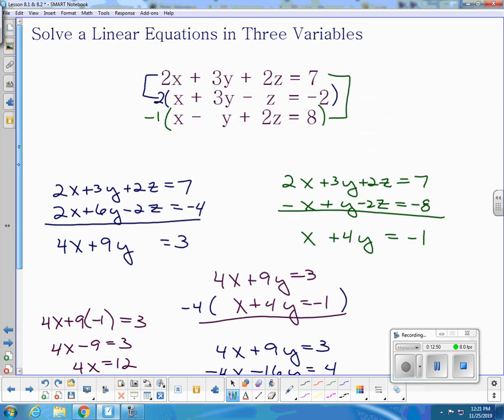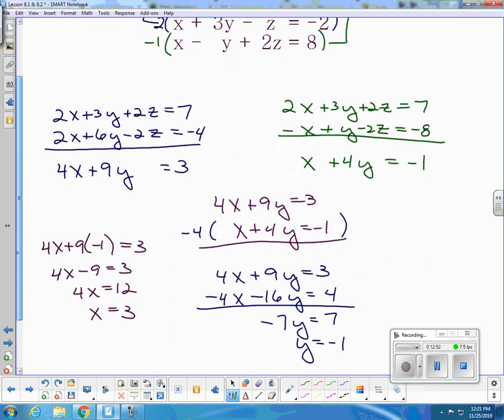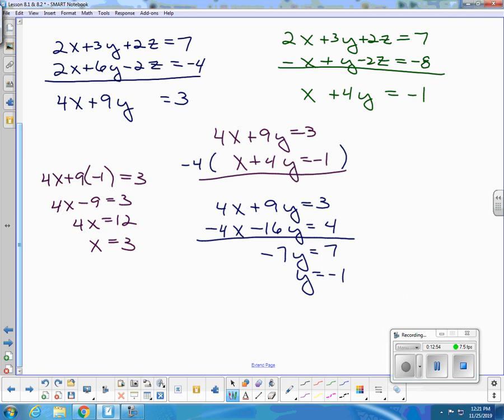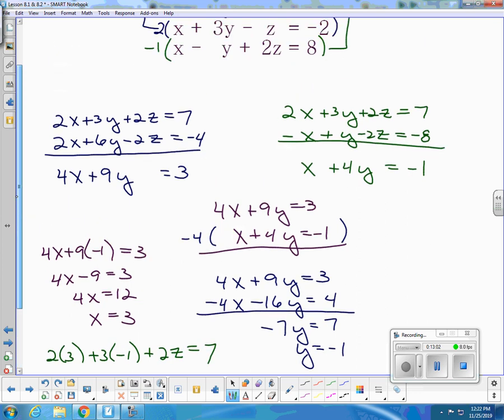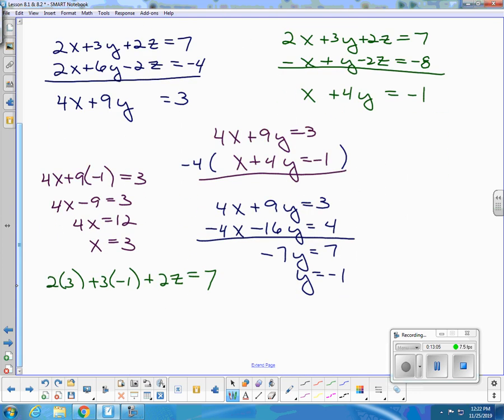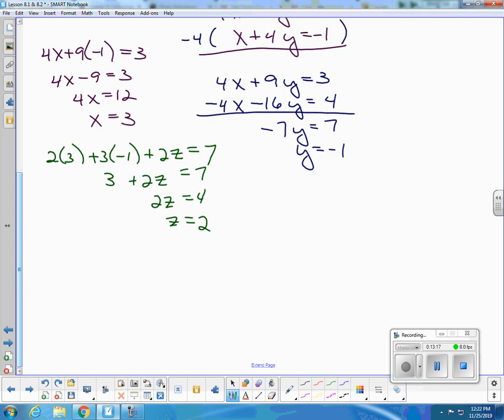You go back up to one of the originals. 2 times x plus 3 times y plus 2z equals 7. Let me make sure I wrote that right. 2, 3, 2, 7. Yep. So this is 6 minus 3 is 3 plus 2z equals 7. And you solve and you get z equals 2.